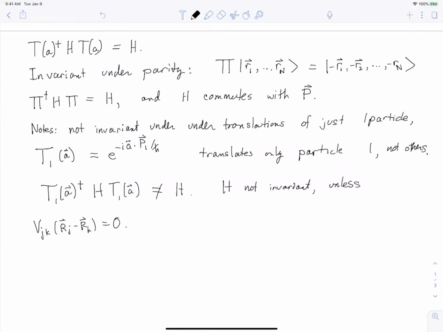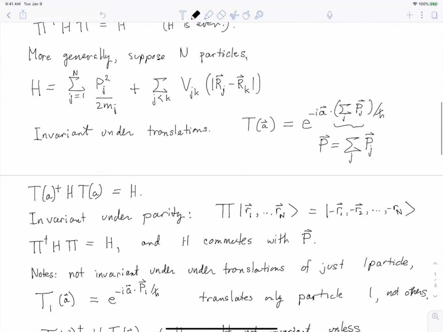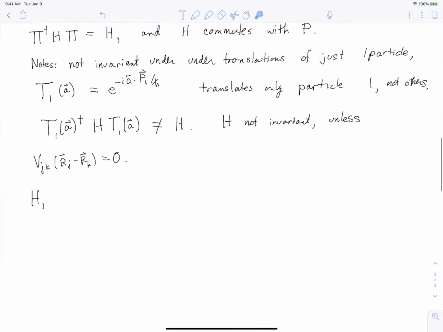Given the Hamiltonian, the total momentum operator and the parity operator, you notice that they are compatible observables, if the Hamiltonian is, as we're assuming, of this form right here. So H, P, and the parity operator are compatible, or commuting, observables.